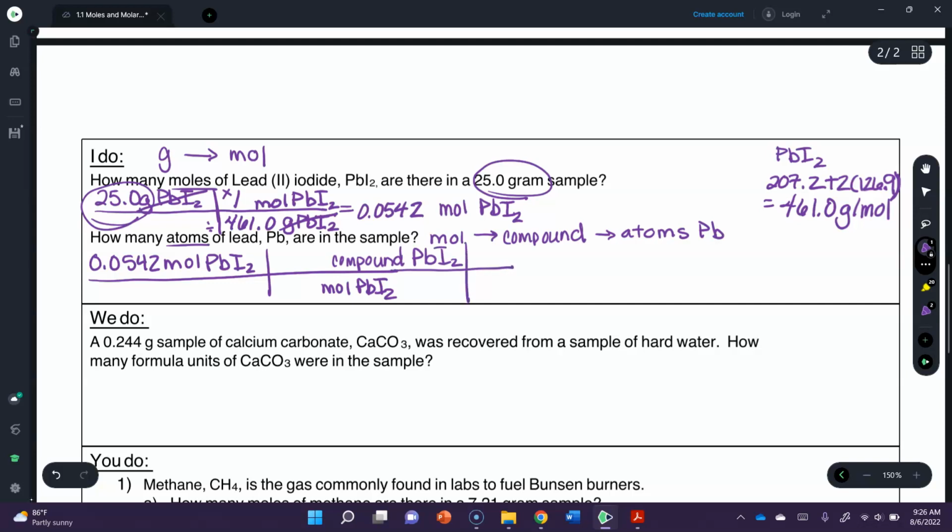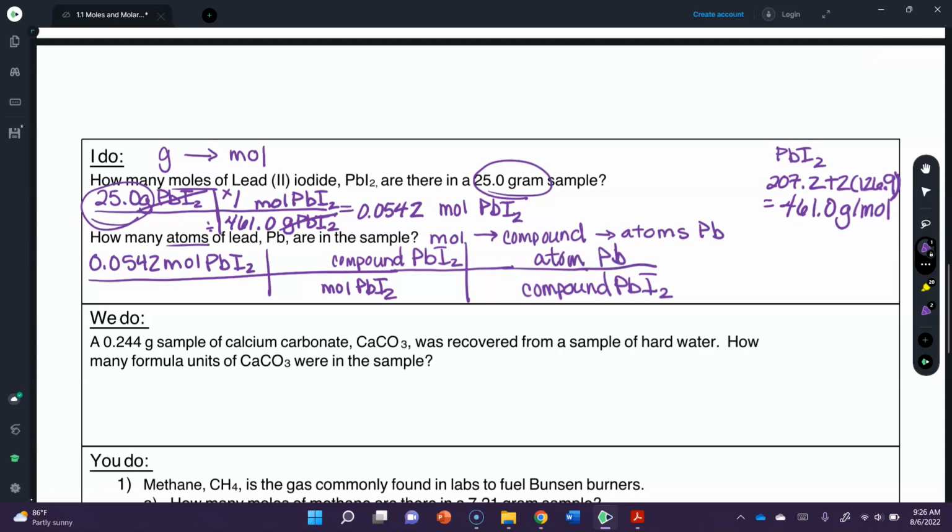From there, we can take the compound of lead iodide and we can relate that to how many atoms of lead are in that compound.